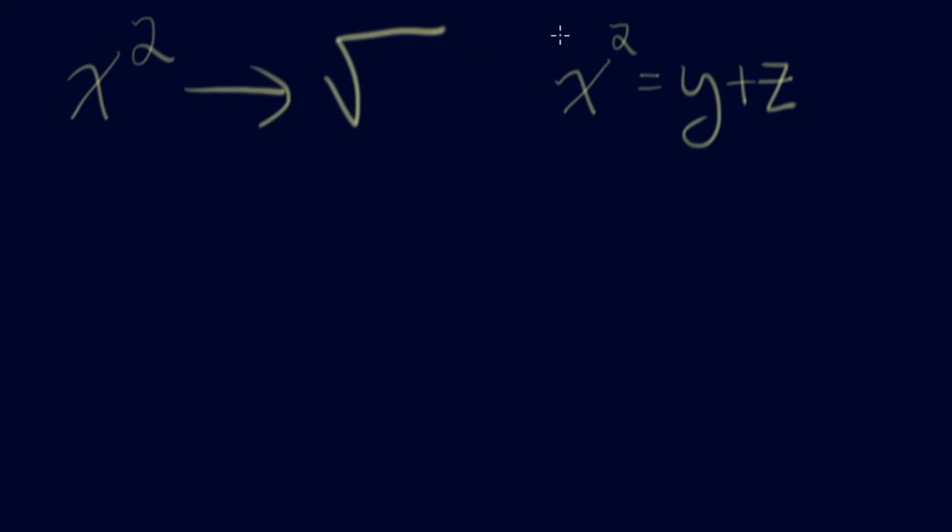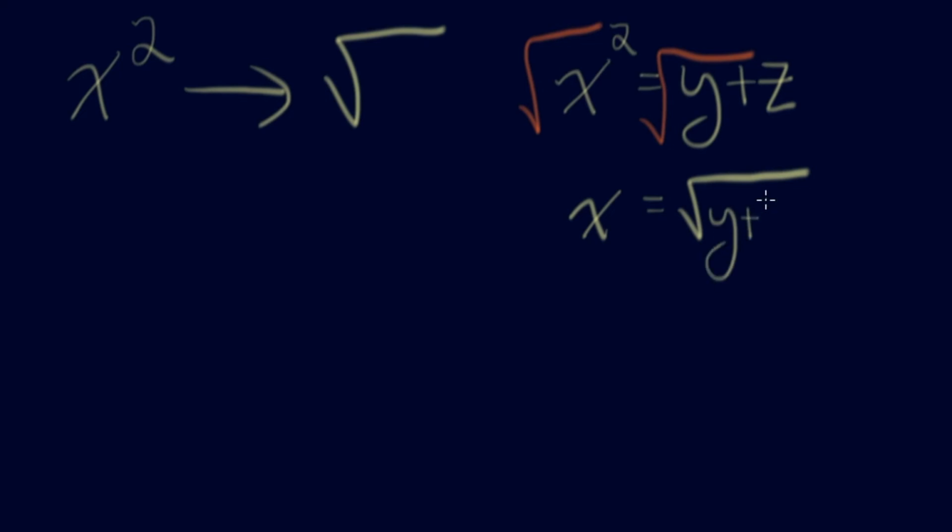So I say, I want to get rid of this square. How do I get rid of an x squared? Well, the way that you do it is you square root. Because the square root of something squared is just the number itself. So the square root of x squared is x, leaving you with the square root of y plus z. Because you still need to follow the rule: what you do on one side, you do to the other. So we're going to play with this idea when we look at our examples today.